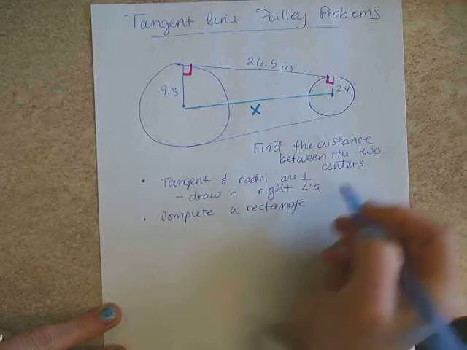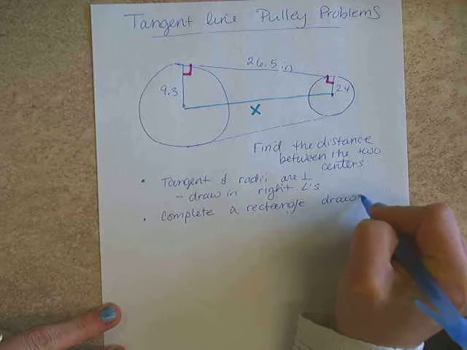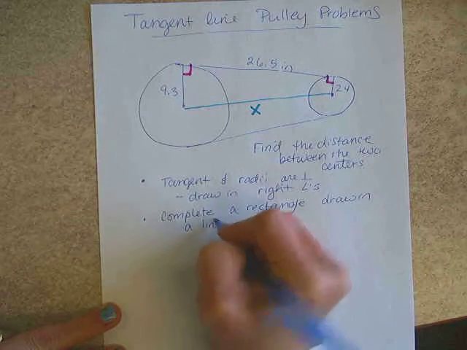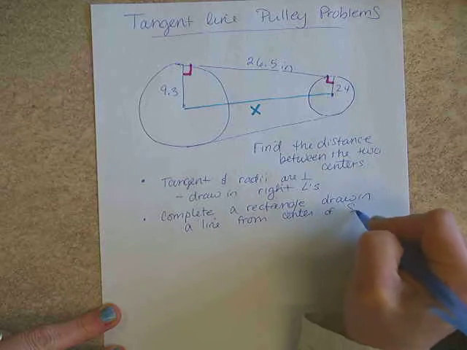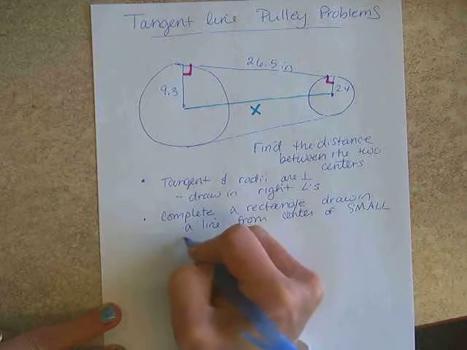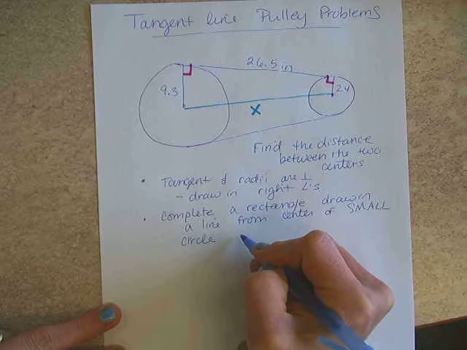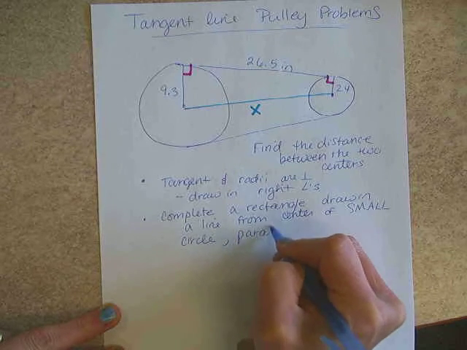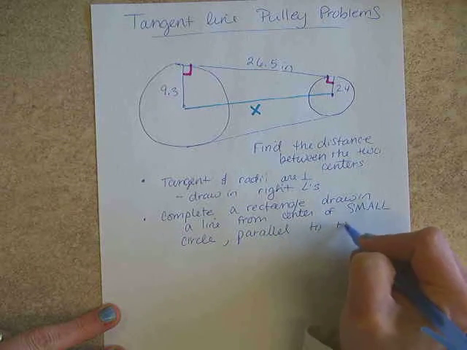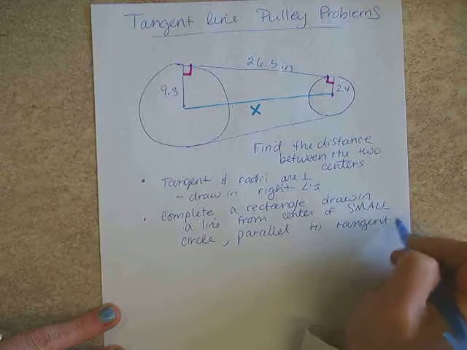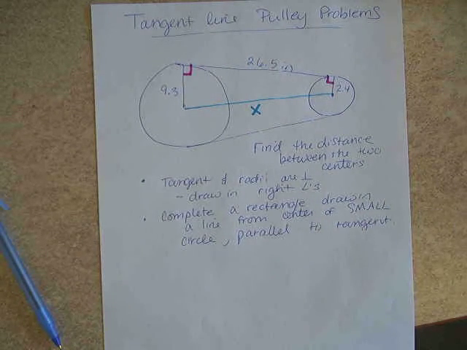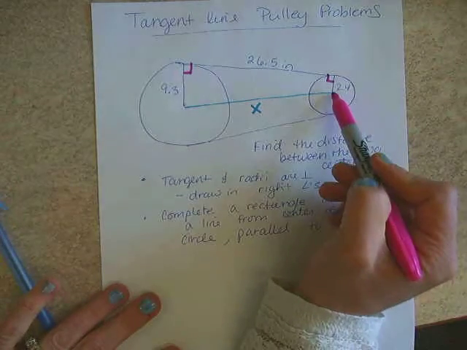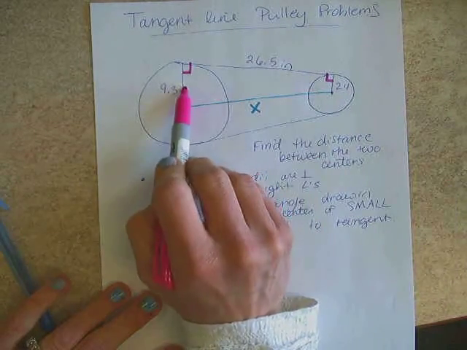Step 2 is complete a rectangle, drawing a line from the center of the small circle parallel to the tangent. This is the critical part. If you draw this line in the wrong spot, you're not going to know what to do with it.